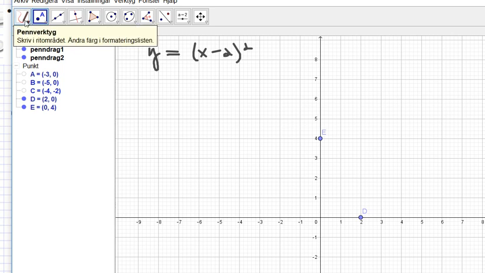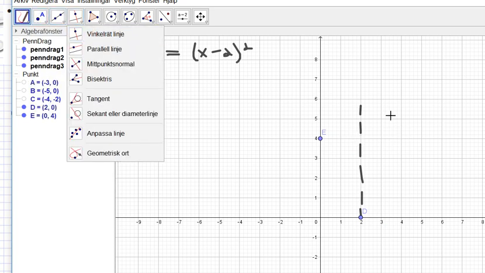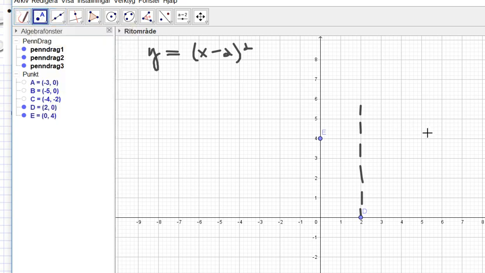Then if I put my pen here, this is the axis of symmetry. So if I have 4 there, and I have 2 steps there, then my next point will be this one. Why? Because it is an axis of symmetry.